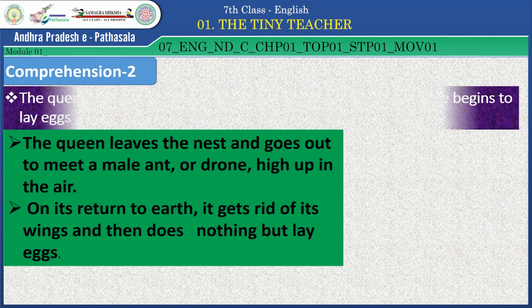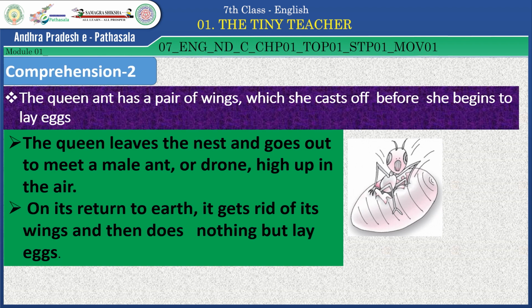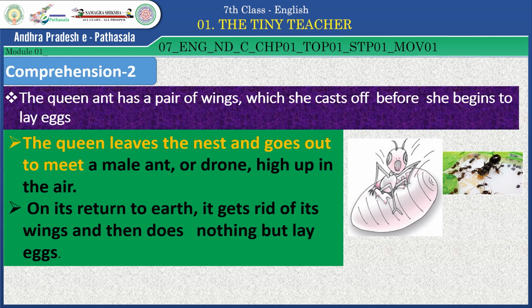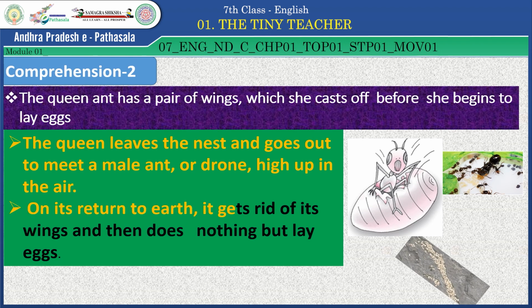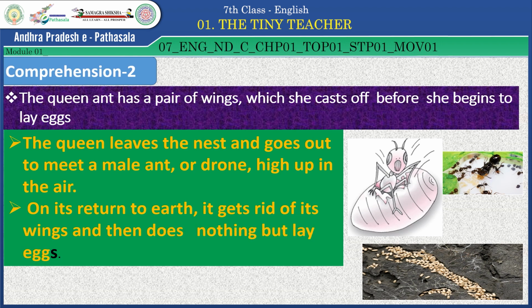The queen ant has a pair of wings which she casts off before she begins to lay eggs. The queen leaves the nest and goes out to meet a male ant or drone high up in the air. On its return to earth, it gets rid of its wings and then does nothing but lay eggs.